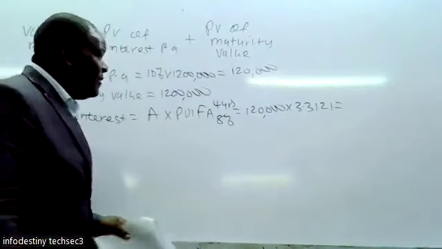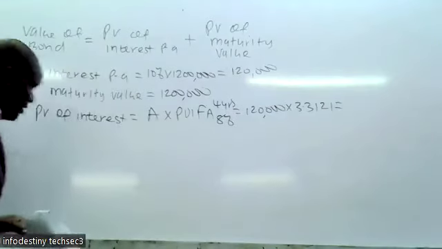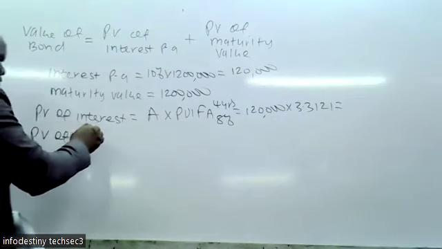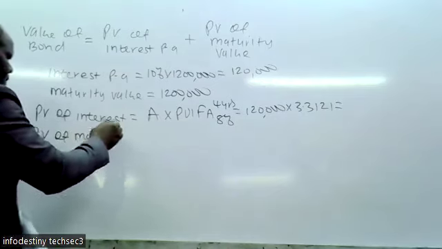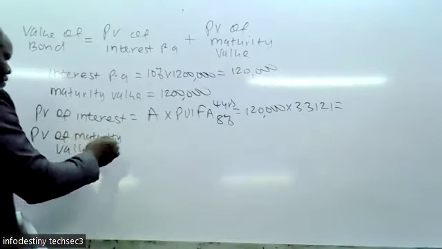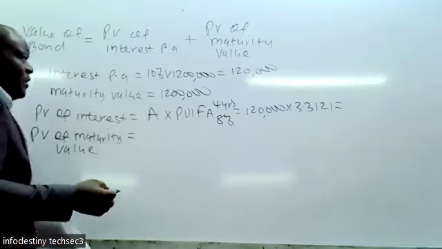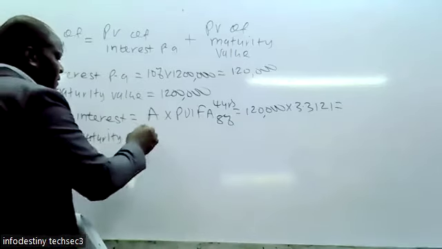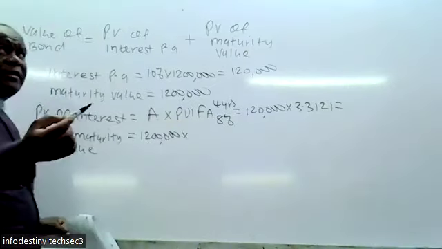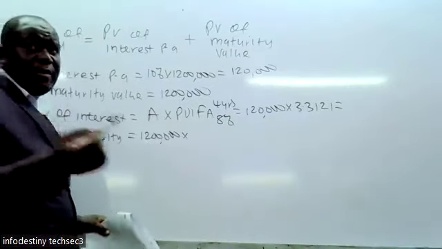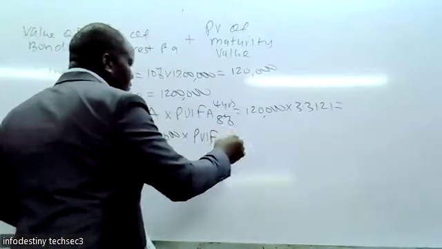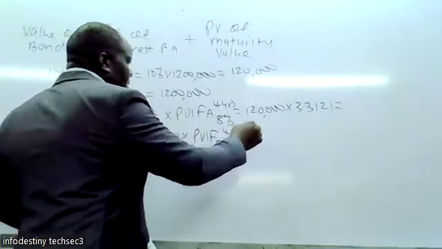Then we now also include present value of the maturity value. So this one, you take the 1.2 million. This one normally occurs only once, so we use the simple period table.